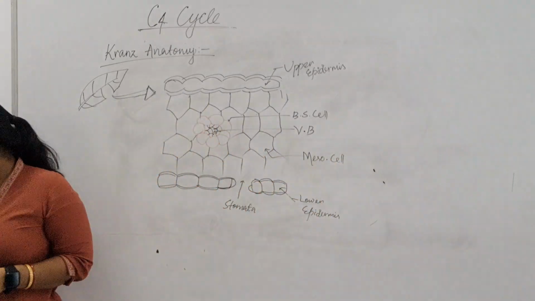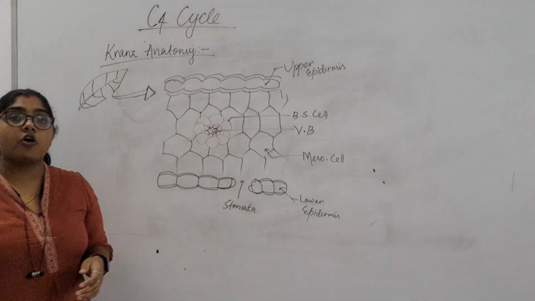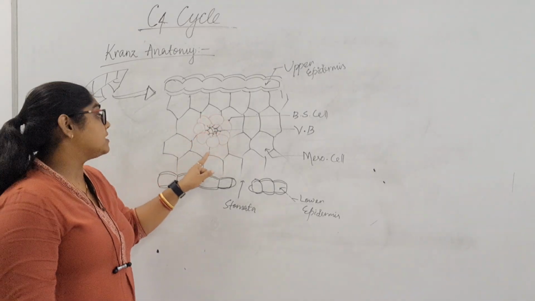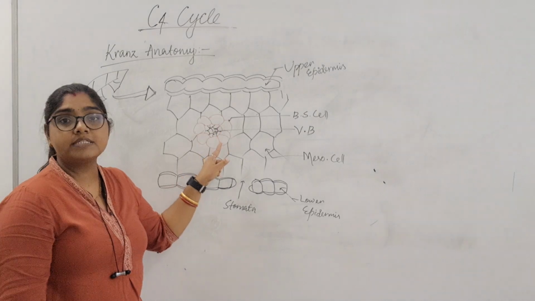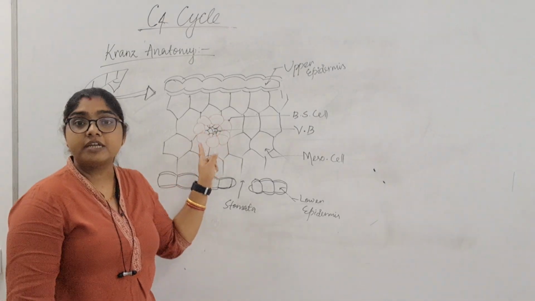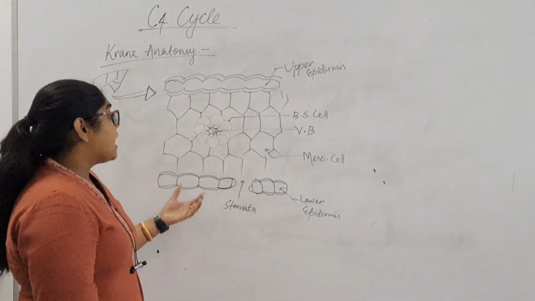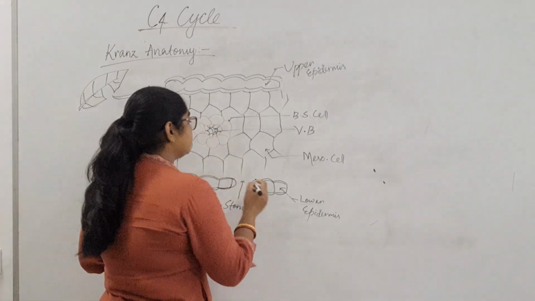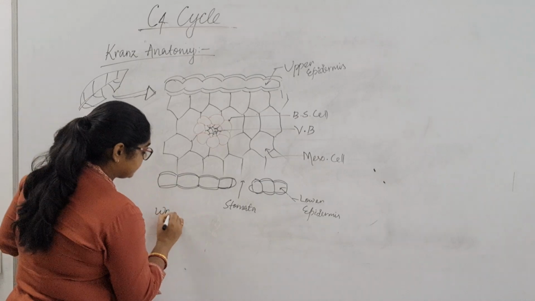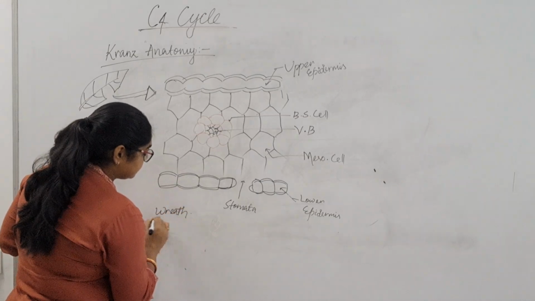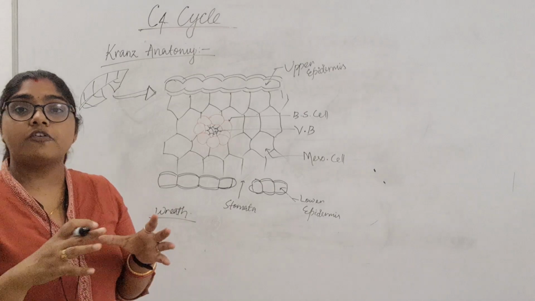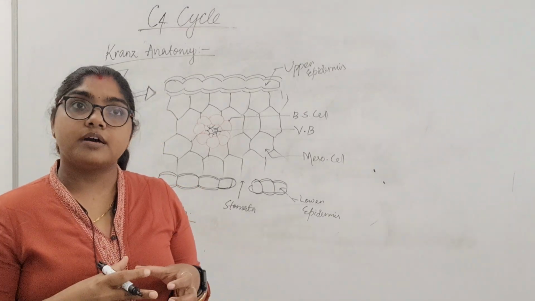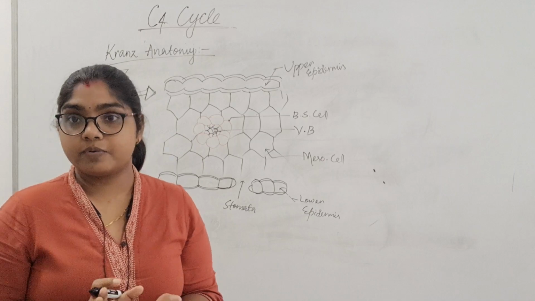Okay. So here, if we look into the structure, the bundle sheath cells surround the vascular bundles in a ring-like manner, in a ring structure. It looks like a wreath. Do you know what a wreath is? A wreath is a ring of flowers which is used in decoration or for laying on a grave.